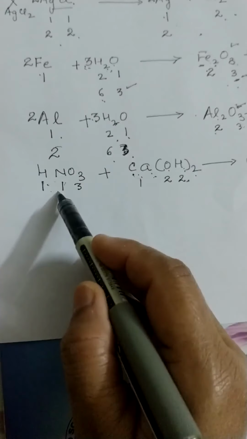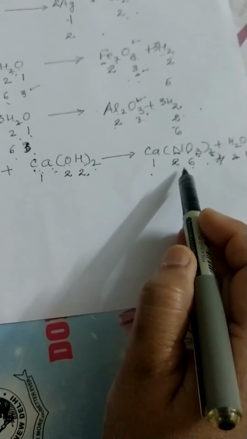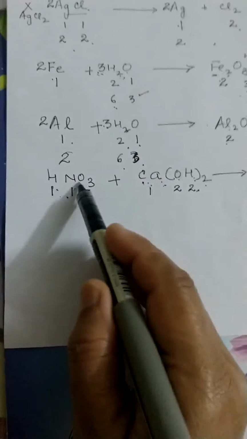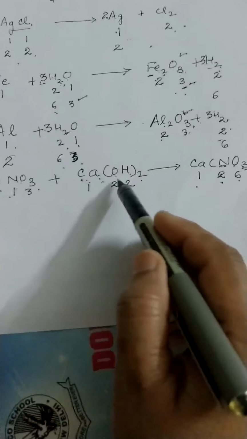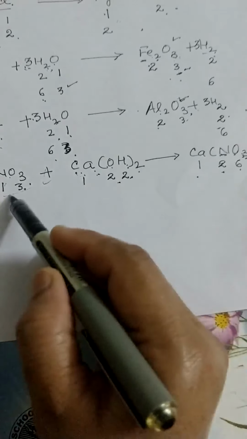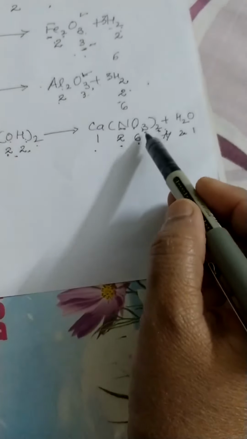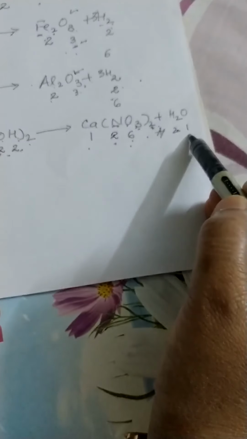Calcium is 1, nitrogen is 1 on this side and 2 on the other. Oxygen: in nitric acid we have 3 oxygen, here it is 2, so 3 plus 2, 5 on the reactant side. Here 6 plus 1, 7. So this is a highly unbalanced reaction, isn't it?